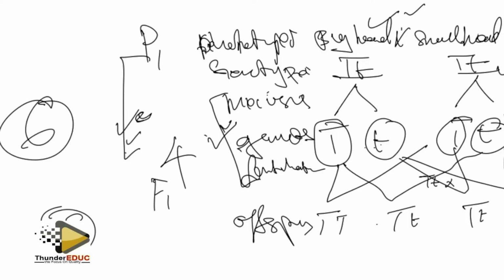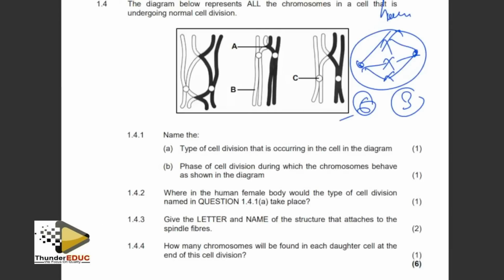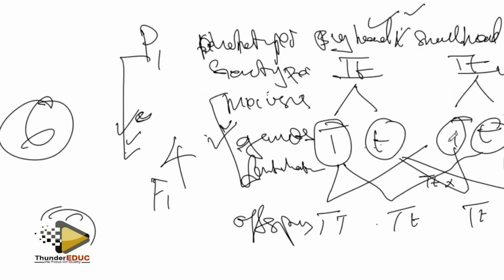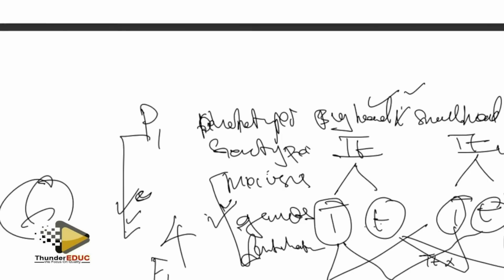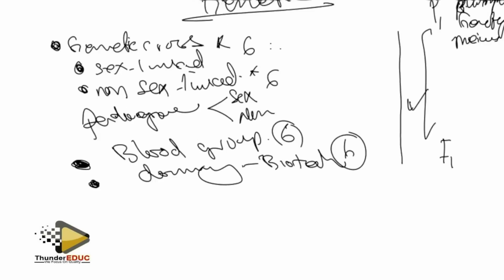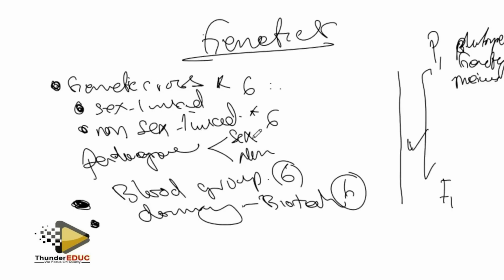Then they are saying, I'm going to fire a few questions at you here. So the crossing, all of them, they do the same. Oh, I have not spoken about determination of sex.